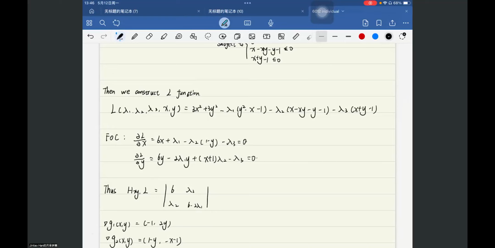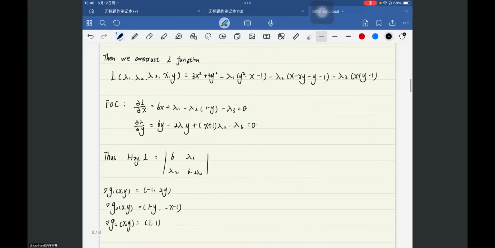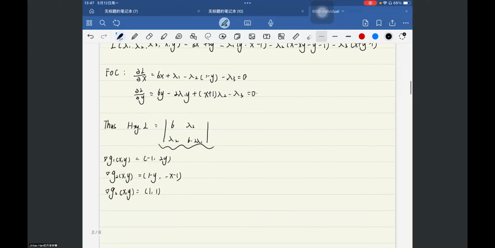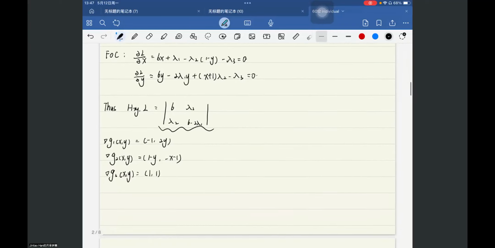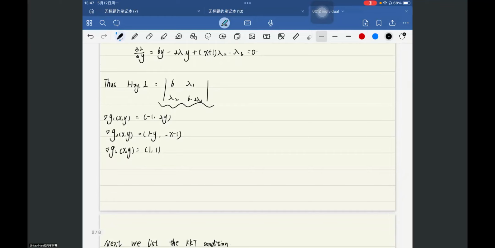And then we will solve the Hessian matrix of the Lagrange. You can see this is the Hessian matrix. By the way, we also need to solve these three constraints.